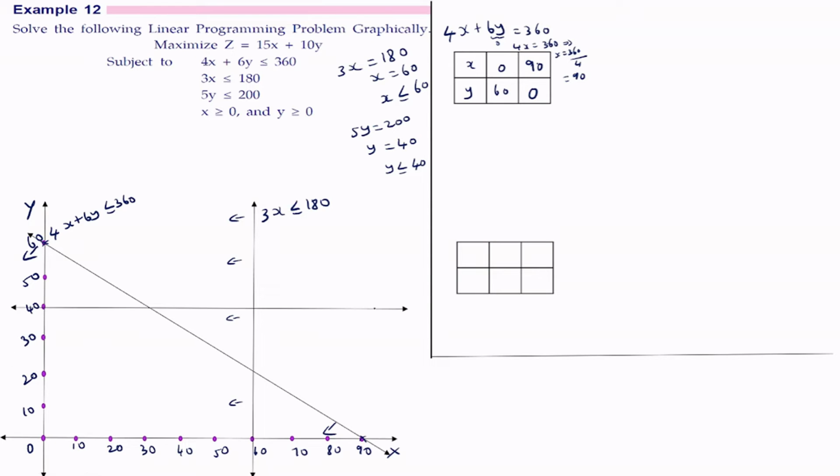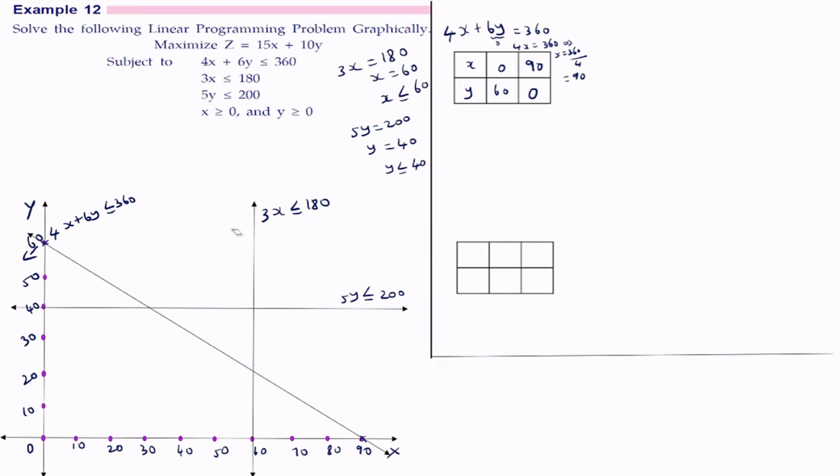So this is the line 5y equal to 200. The region corresponding to 5y less than or equal to 200 is this part, because if we substitute the origin 0, 0 and check, the origin lies in the region corresponding to 5y less than or equal to 200. So it is this part.